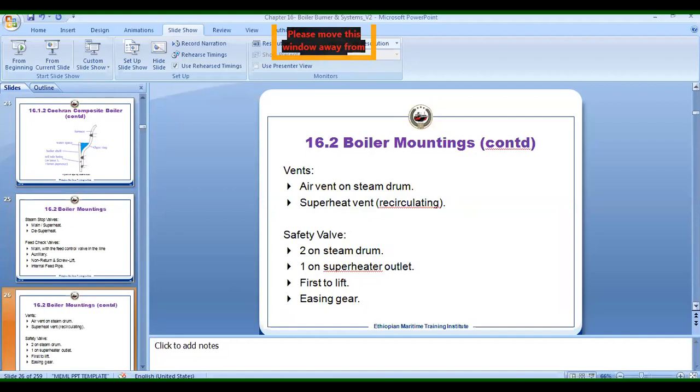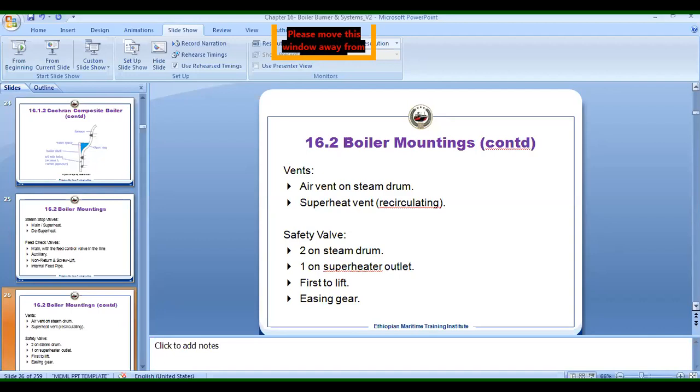Then you have a superheat vent also. Now the superheat vent is basically a recirculating vent. In your superheater, if there is no circulation, that means there's no requirement for steam for your turbine. So basically the superheater vent can vent back into your steam drum, into your normal saturated steam drum itself.